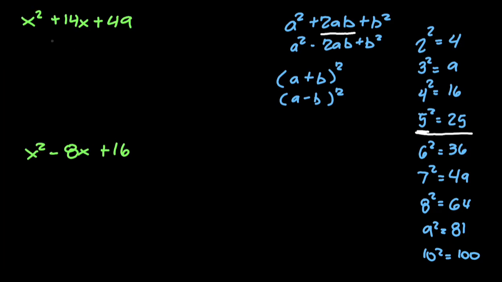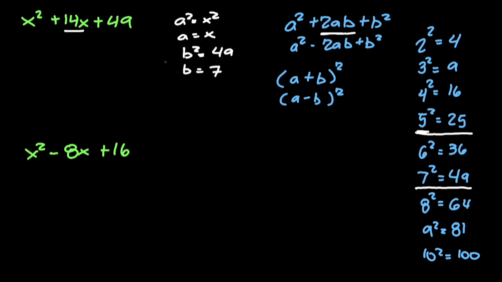Let us move on. X squared plus 14x plus 49. We would confirm this first by checking the middle term as 14x. So first, a squared here would be x squared, so a would be x, and b squared here would be 49, and the square root of 49 would be 7.